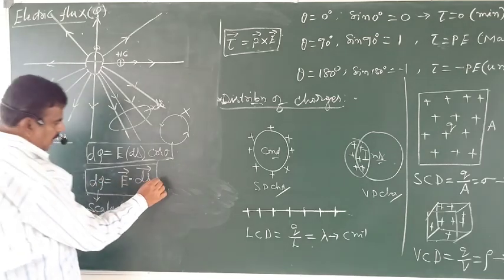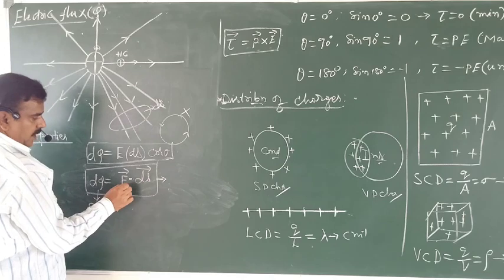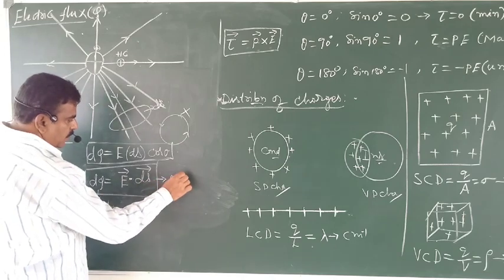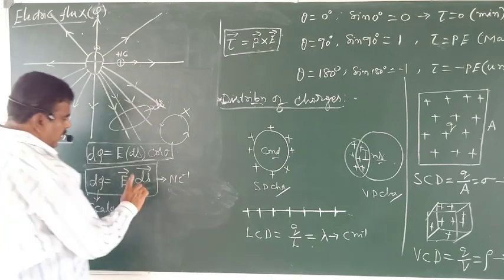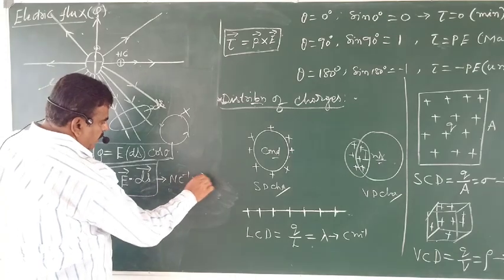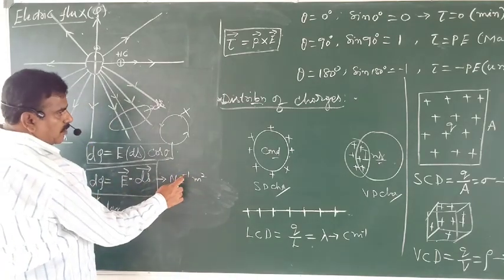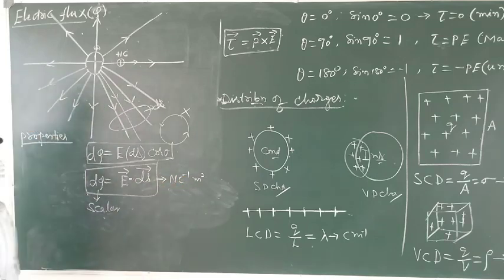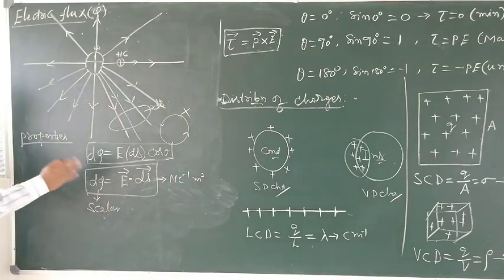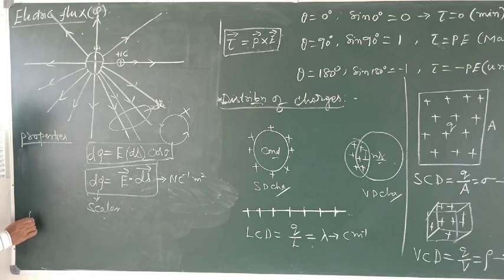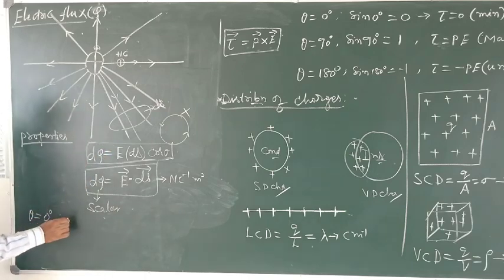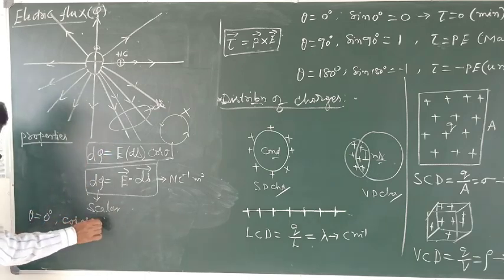The unit of electric flux: E means force per unit charge, newton per coulomb, and dS means area. So the unit of electric flux is newton meter square per coulomb. Now, when theta is 0 degree, cos 0 is 1.